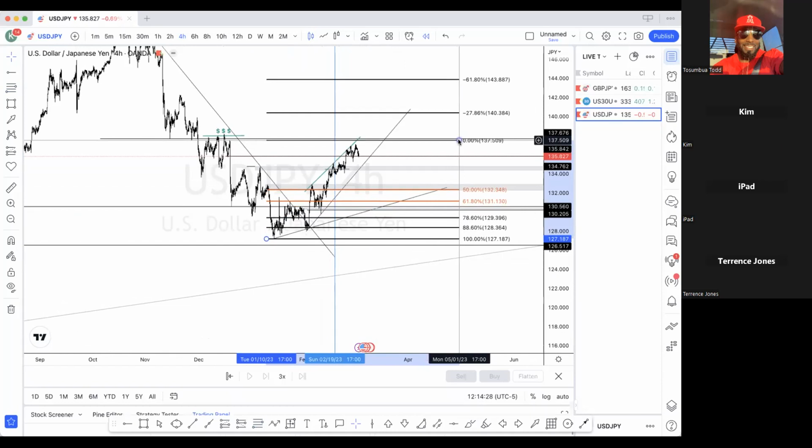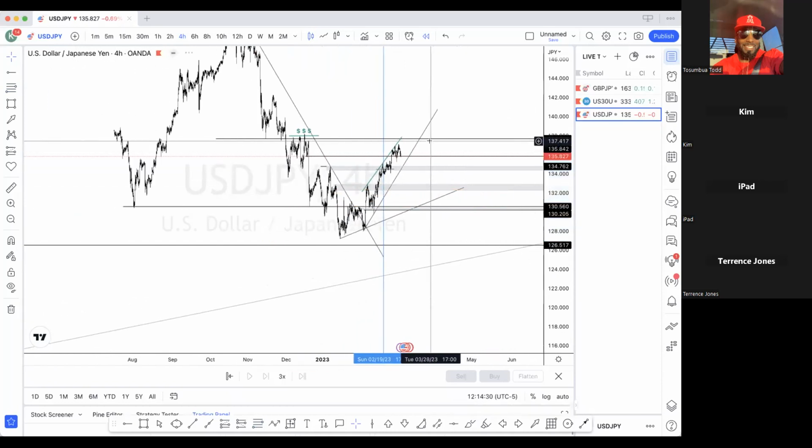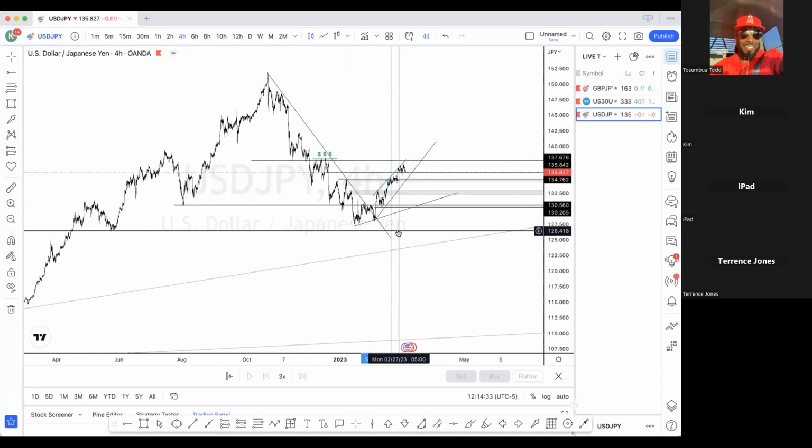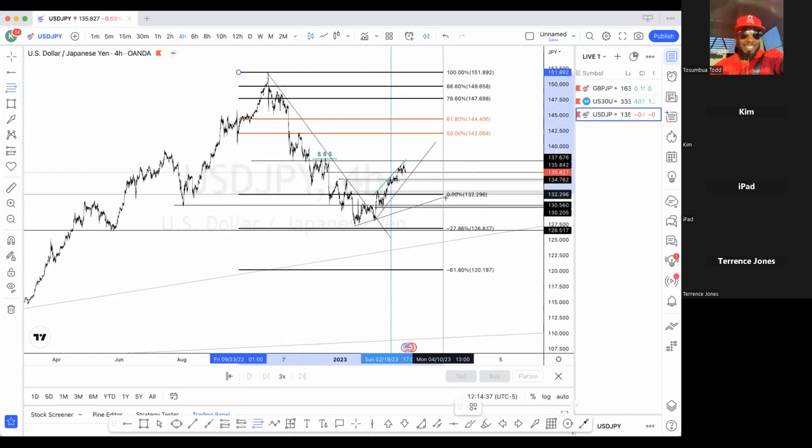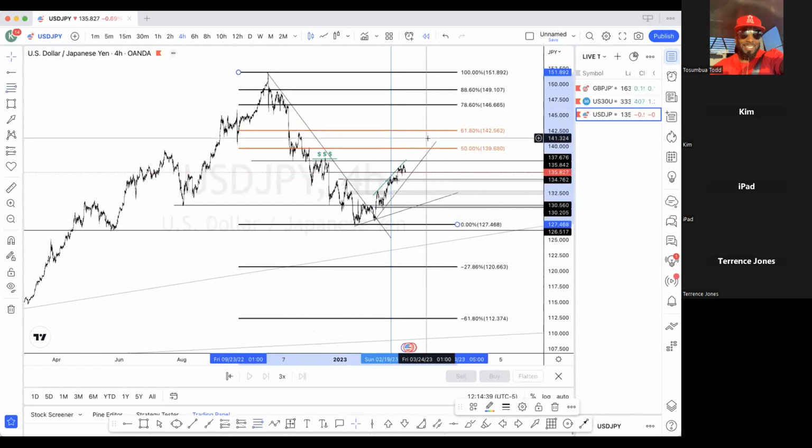Oh, wait a minute, hold on. I'm doing it the wrong way. I will put my money on it that this move is probably coming up to here to then pull back.